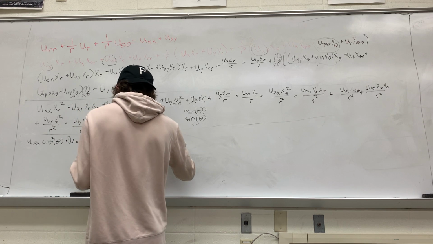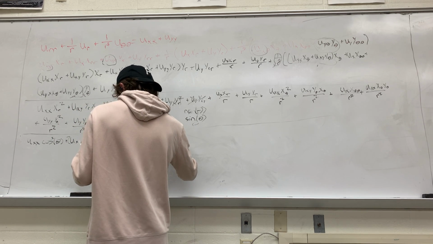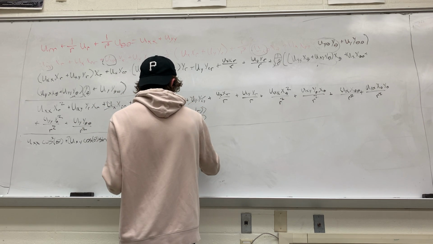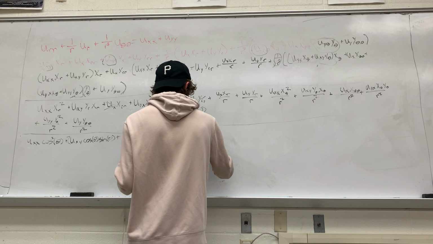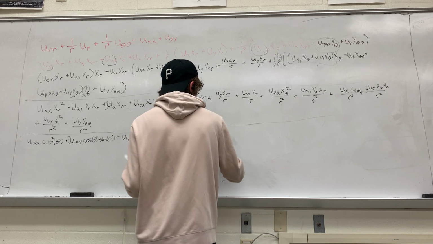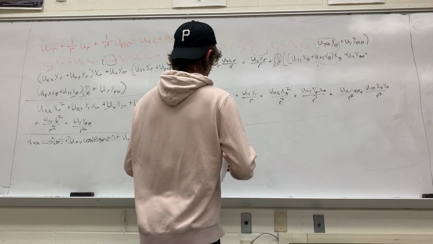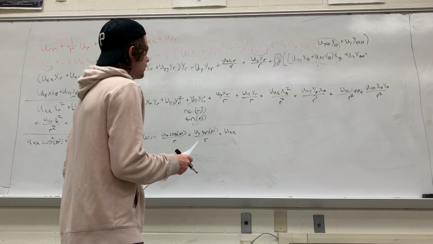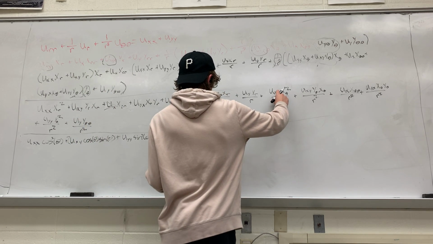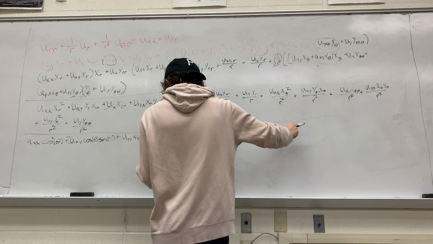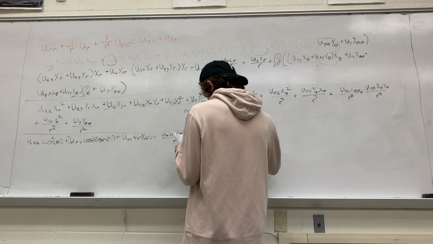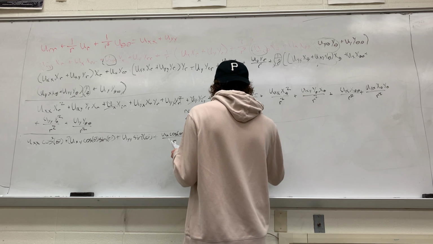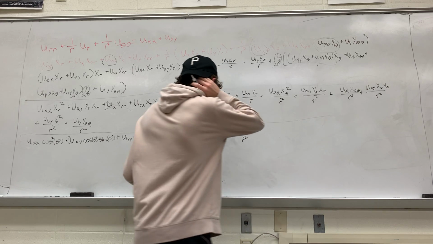So that will just be u of x times cosine of theta over r plus u of y times sine of theta over r plus, and then we have u xx times the derivative of x with respect to theta, which is equal to negative r sine of theta over r squared, or all that's squared.